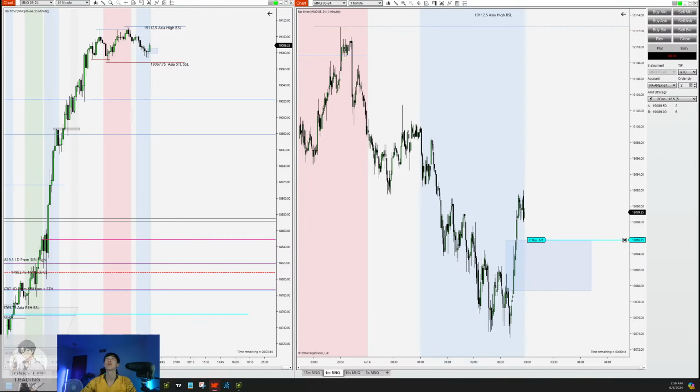Okay, so if we are assuming that we will continue higher, let me grab a couple more projections here. One, two, three. One 116. Those line up pretty well.